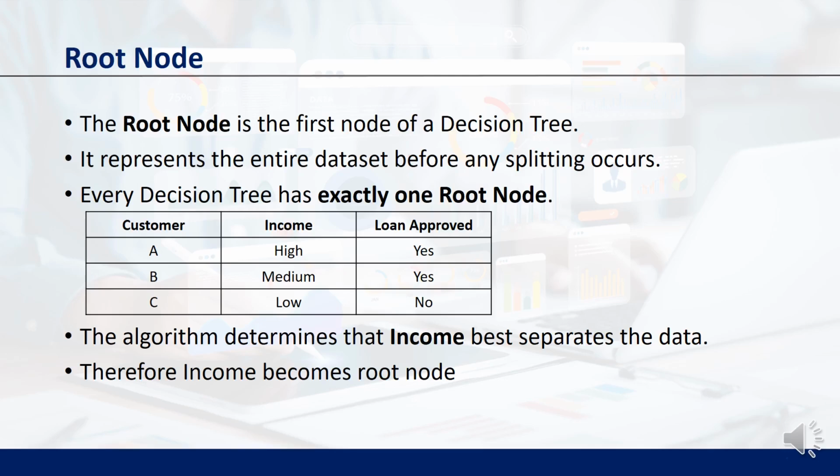These three options can be created as the various branches of the root node. The important point is that the root node represents the entire training dataset. It has no incoming branches. It is the starting point and it is selected based on the appropriate splitting criteria. So the root node is the starting point of a decision tree.